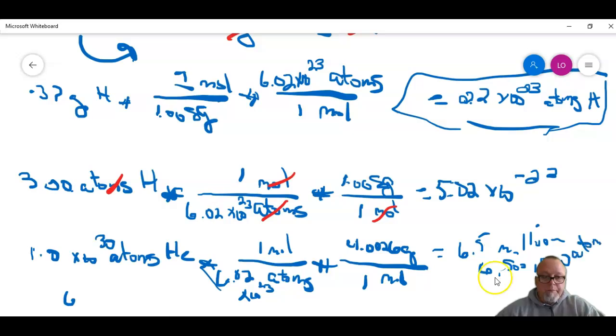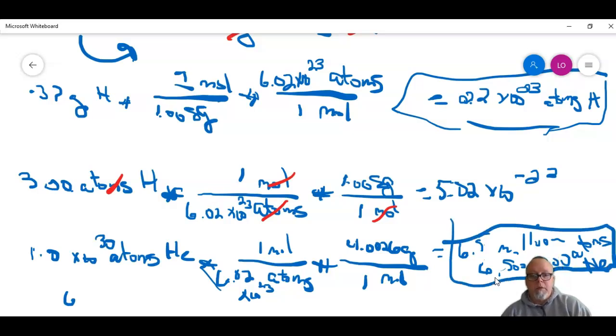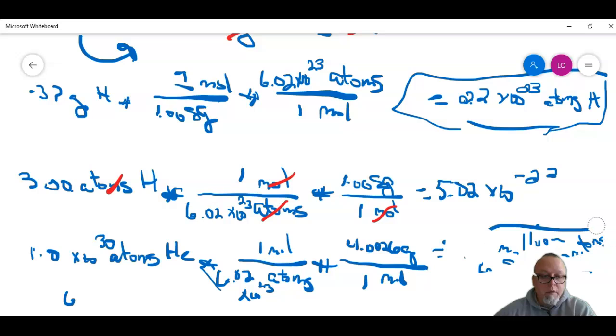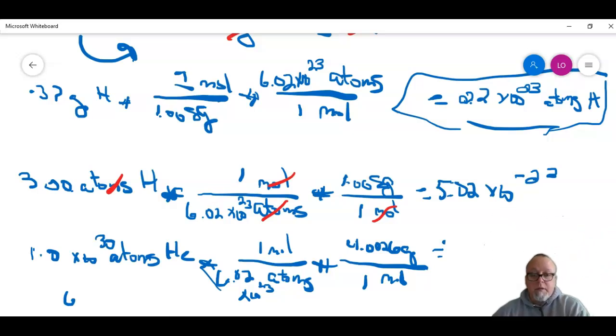Now, when you evaluate this, you need to ask, is that reasonable? The units should be grams, so let's fix this. That's why we use dimensional analysis: we look at our answer to see, does this make sense? That's exactly what I just did, and I noticed it didn't make sense.